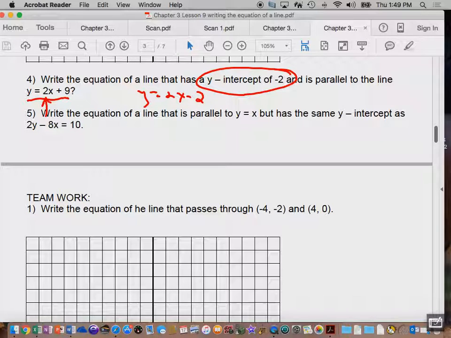Okay, try the next one. Little hint here. The y-intercept of the next one is not 10. How come it's not 10? Because it's a 2x, and this says 2y. It's not in y equals mx plus b form yet, right?